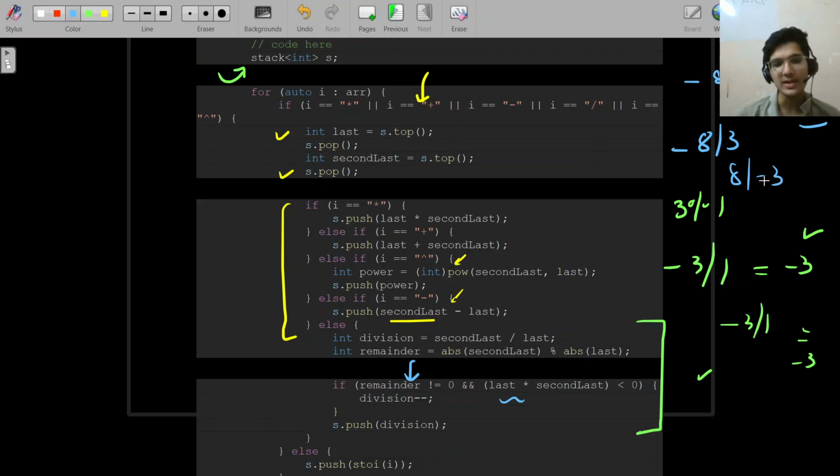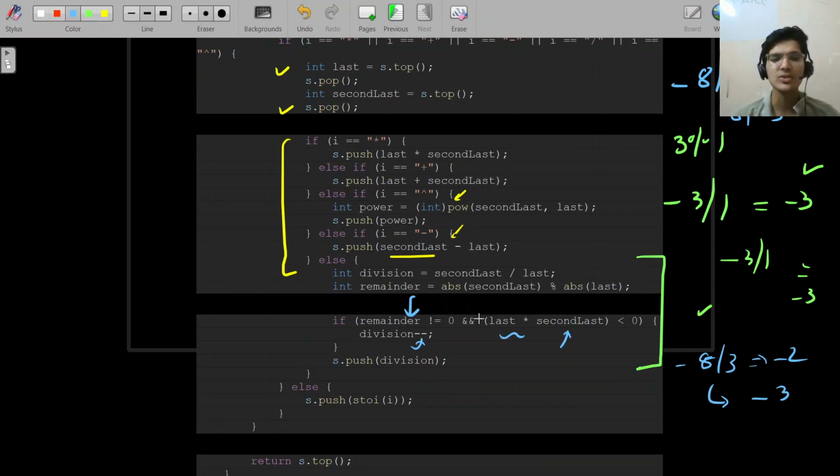So we'll check that the fraction should be negative and the remainder is not 0. Then only we'll do a minus minus. Why? Because I already explained that minus 8 by 3 will give you minus 2, but the desired result is minus 3, the greatest integer division floor. And finally, if it's not the case, you push the integer value of the string, and then you just return the top, which is the resultant thing in the stack.